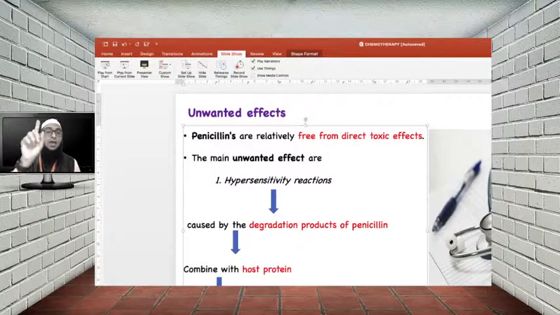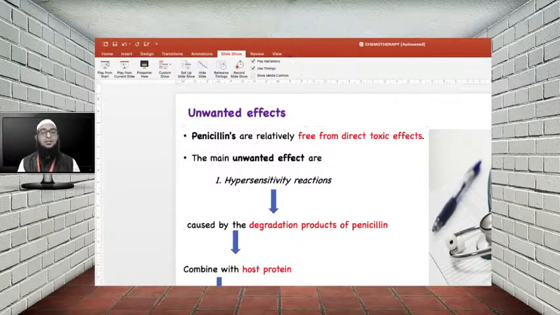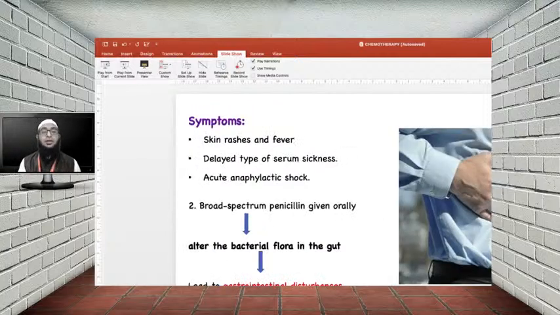So this reaction also happens in those patients. In those patients, the combination of the host protein and degraded product of penicillin now acts as an antigen. And you know that whenever there is an antigen, the body will release antibody. Now there will be an antigen-antibody reaction, and due to that reaction, the body will start showing different symptoms. Since it is happening in the skin protein, the patient will show symptoms like skin rashes and fever.